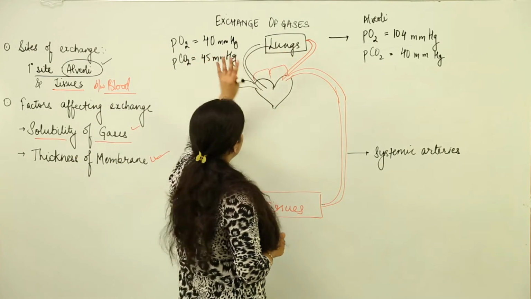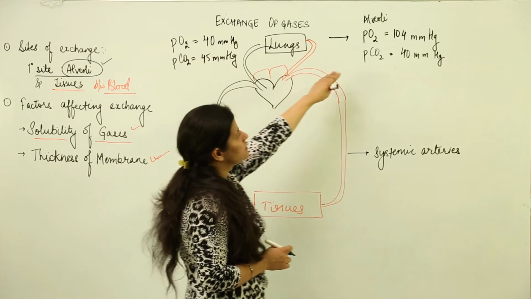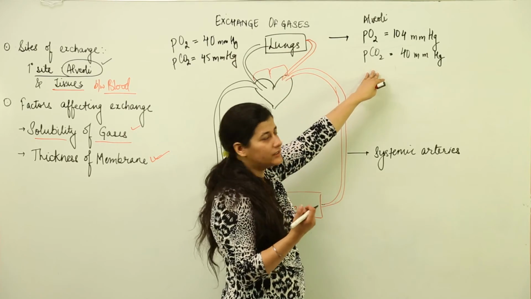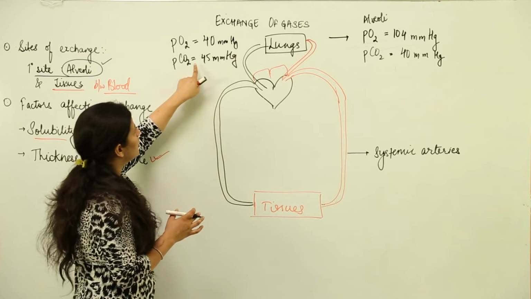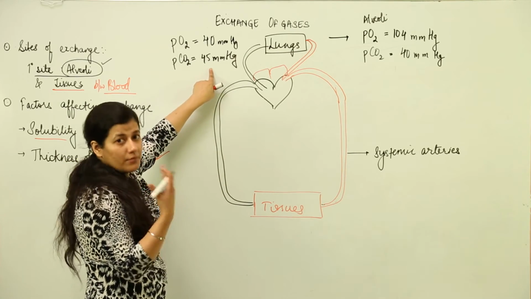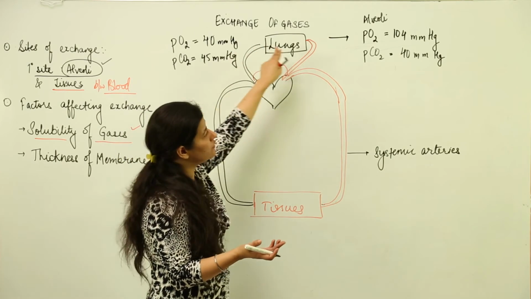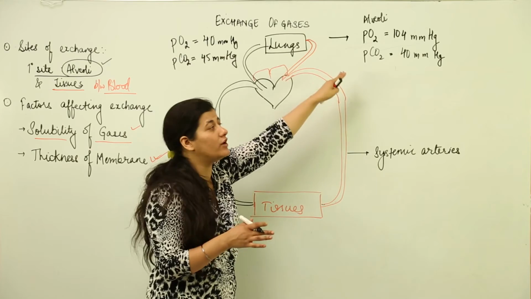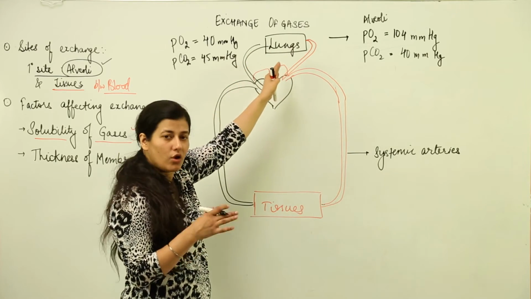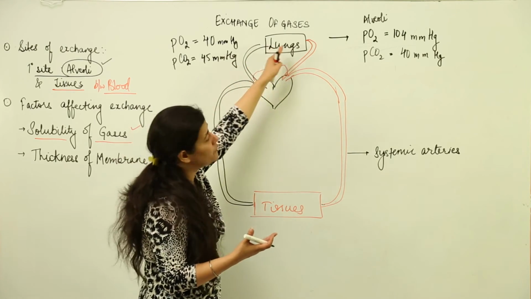In the alveoli, the air that we have inhaled has a different partial pressure. So automatically, the carbon dioxide having higher partial pressure would move into the lung alveoli, and oxygen, which has higher partial pressure inside the alveoli, would move into the blood through the pulmonary circulatory path.